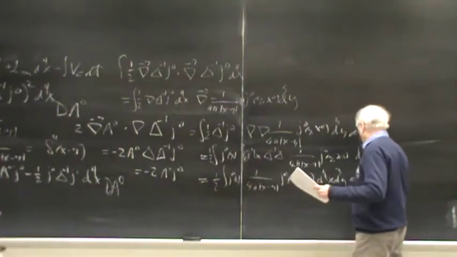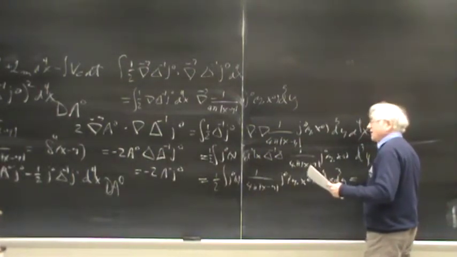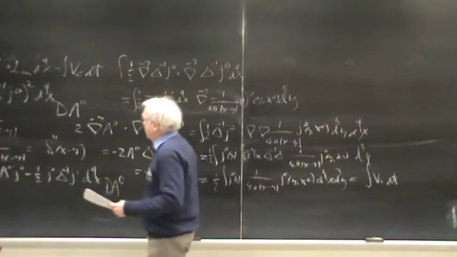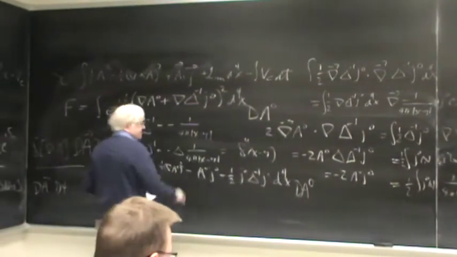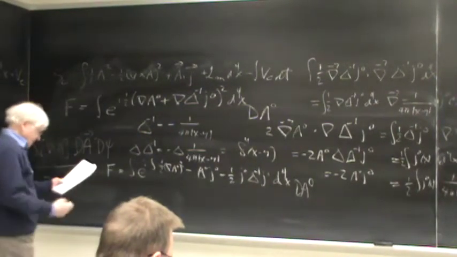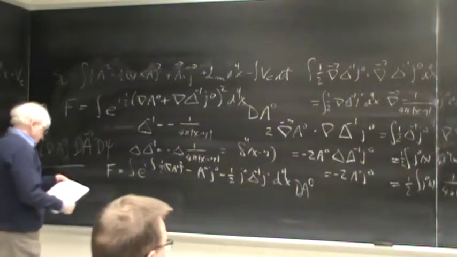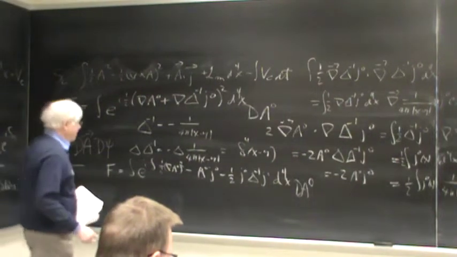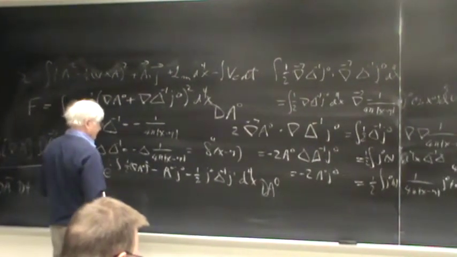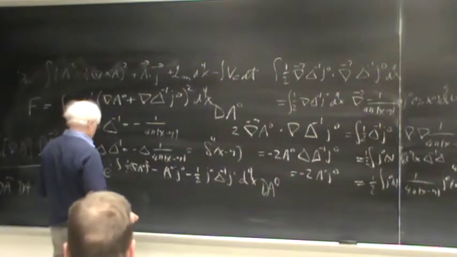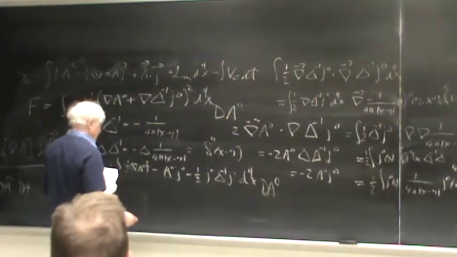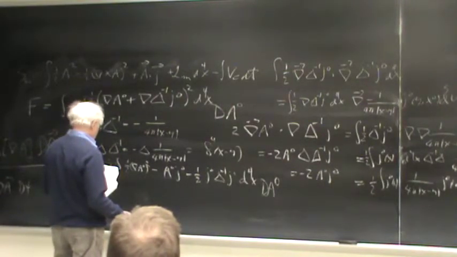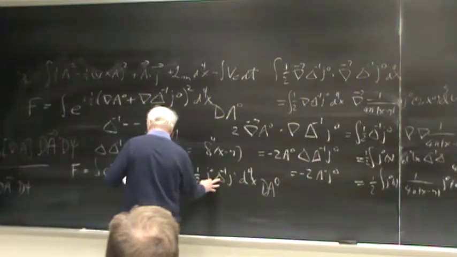And this is what we call the integral of VC dt. So in other words, the square of this gives us a term which is simply this.